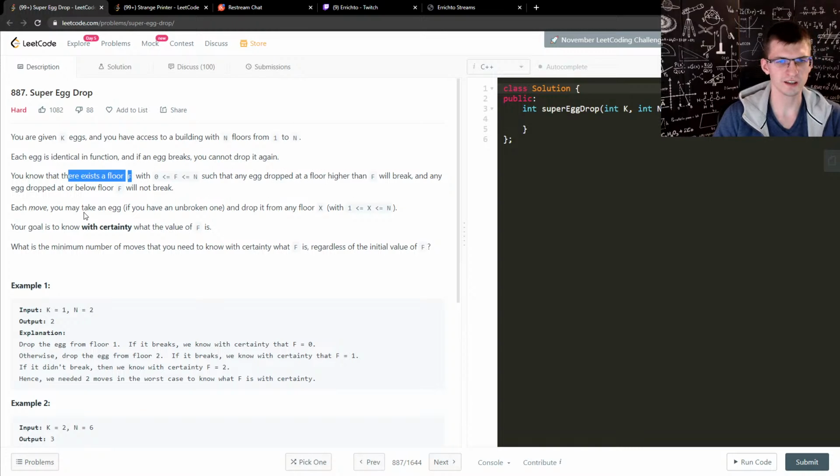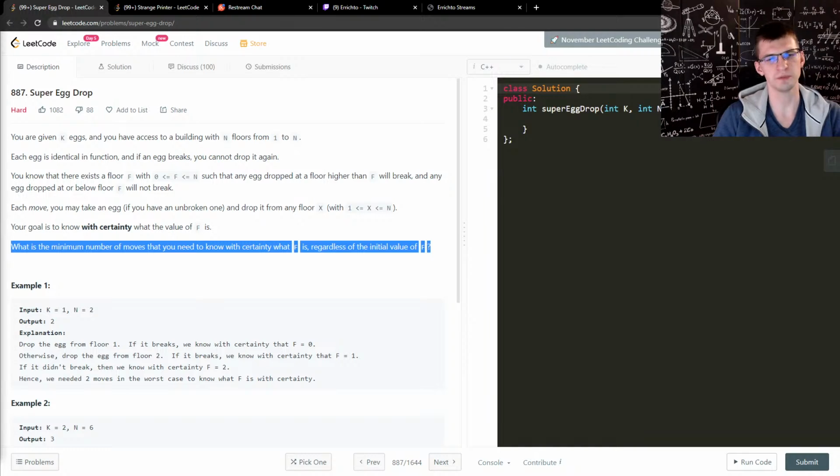Each move you may take an egg and drop it from any floor. Your goal is to know with certainty what the value of f is. What is the minimum number of moves that you need to know with certainty what f is, regardless of the initial value of f? In other words, we care about the pessimistic case.